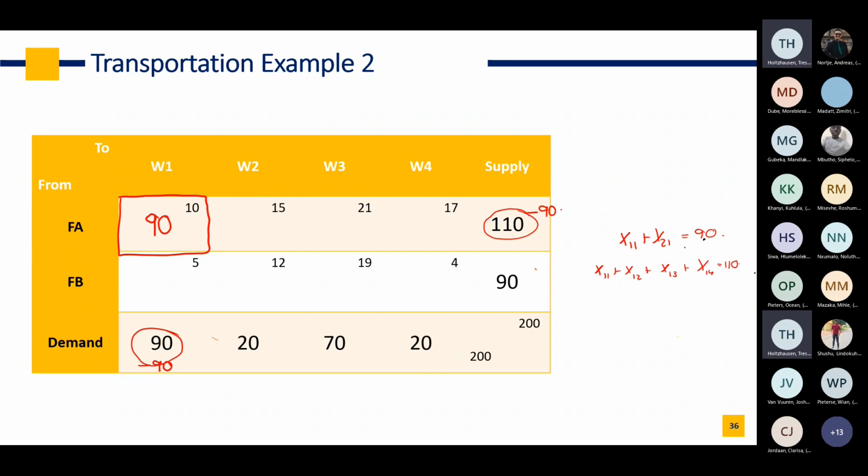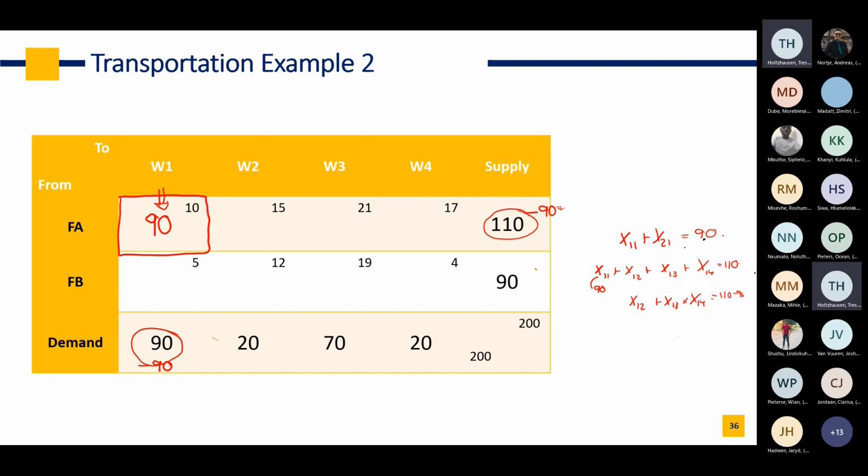If you already have used 90 over there, the easiest way to work out the rest of them is to subtract it already, so that you don't have to worry about it, because then you have x12 plus x13 plus x14 is equal to 110 minus 90, which is why we subtract the 90 there. So when we explore it, we've already accounted for the fact that the 90 has been taken out by this slot. So 110 minus 90 gives us 20.